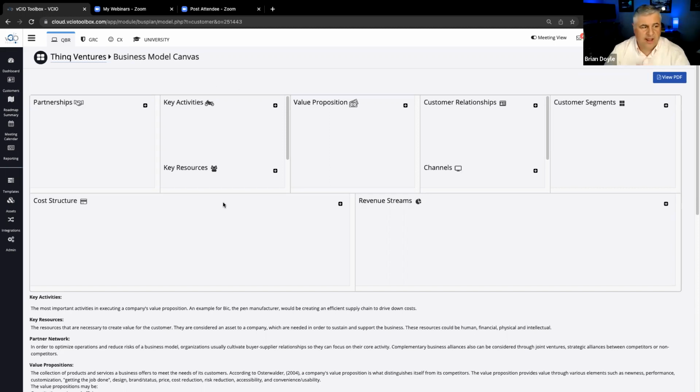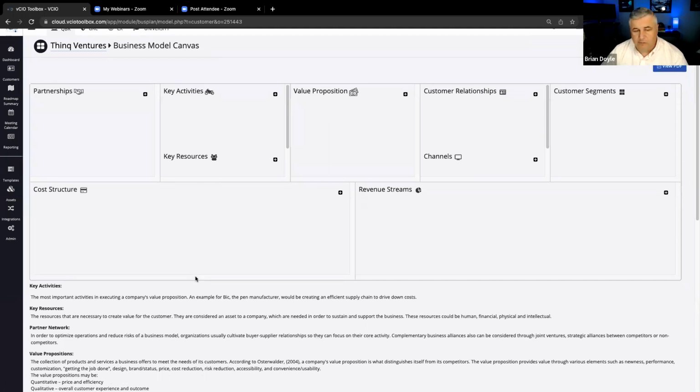Over here on the left-hand side, we've got the part of the equation that talks to how they operationally run. So we need to know the key activities they deliver, the key resources that they can't live without, what partnerships they need to leverage in order to deliver their services. And of course, every business has its cost structure. These are the fixed and variable costs that they need to operate.